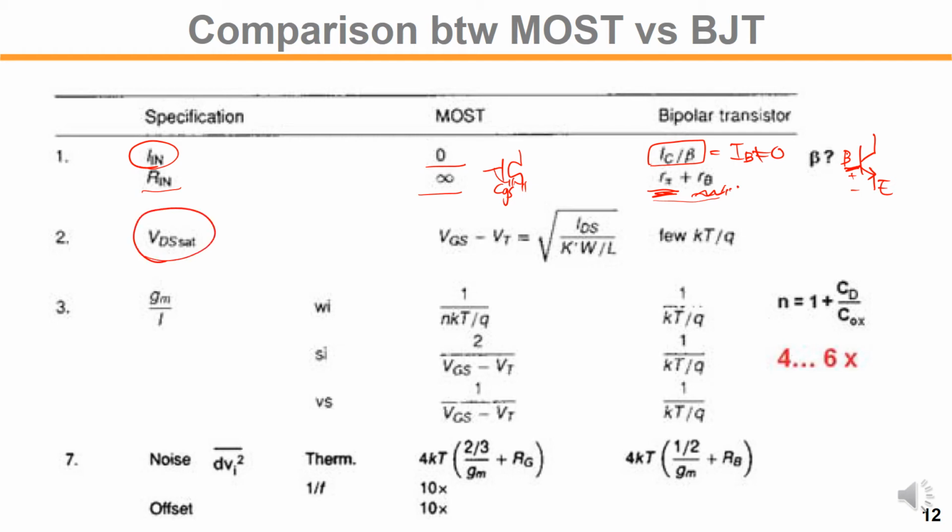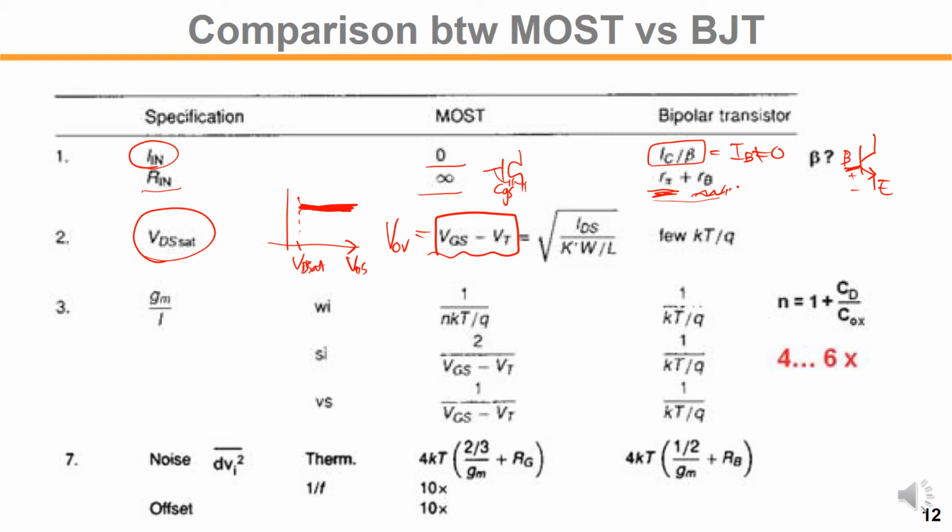And VDSsat for MOSFET, there is a certain voltage limit required, that is VDSsat, that is VGS minus VTH. So the overdrive voltage is the required VDSsat voltage to make the transistor operate in the current source region.